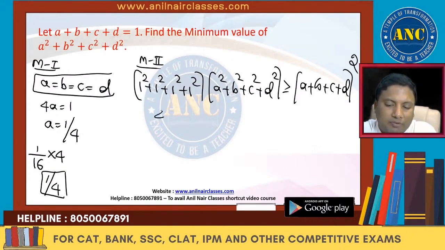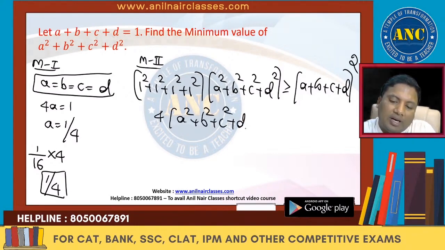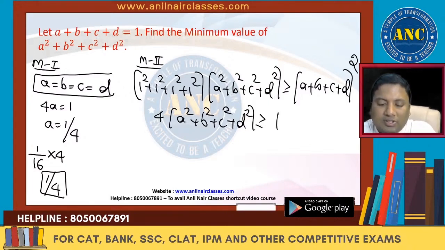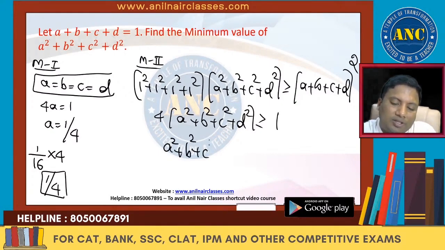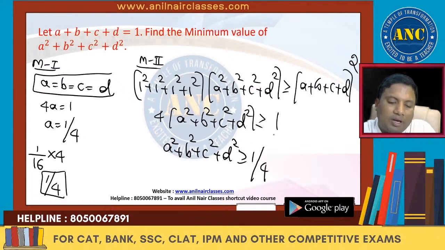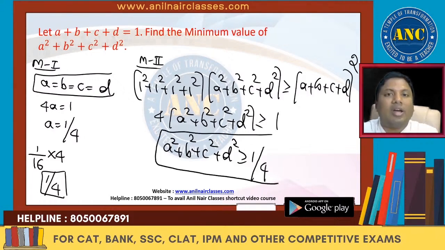These are nothing but 4 times a square plus b square plus c square plus d square greater than or equal to a plus b plus c plus d, which is 1. So the answer is a square plus b square plus c square plus d square greater than or equal to 1 by 4. Cauchy-Schwarz inequality you can use to get this answer.